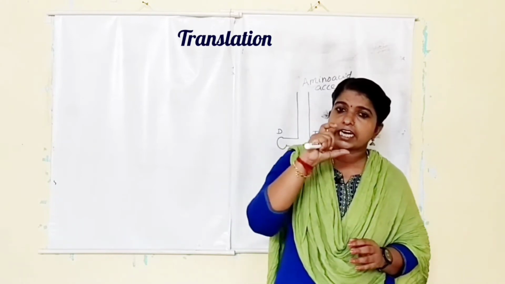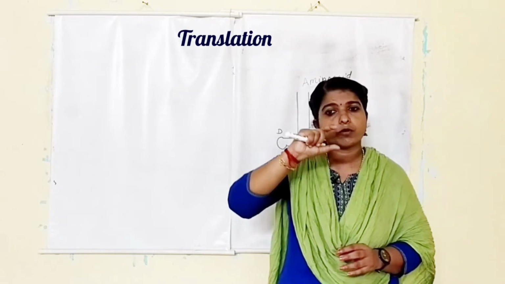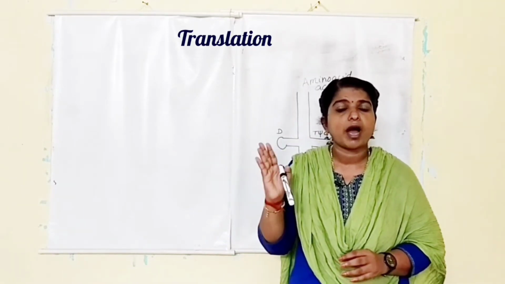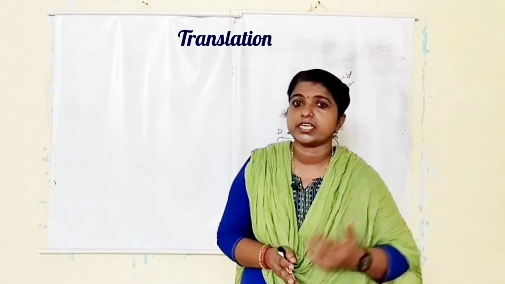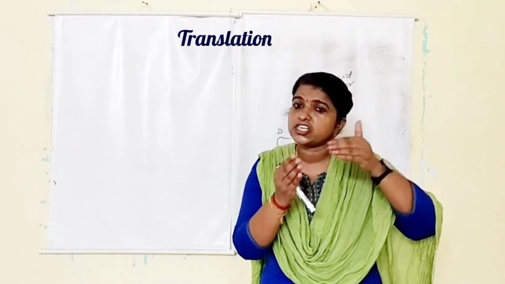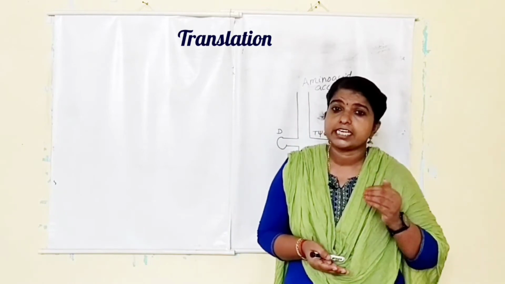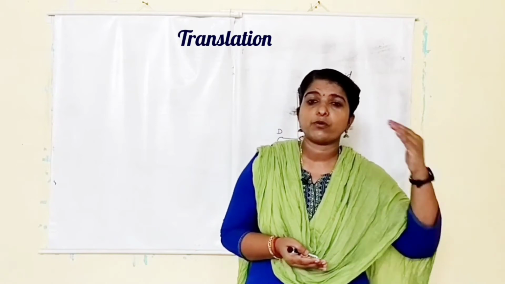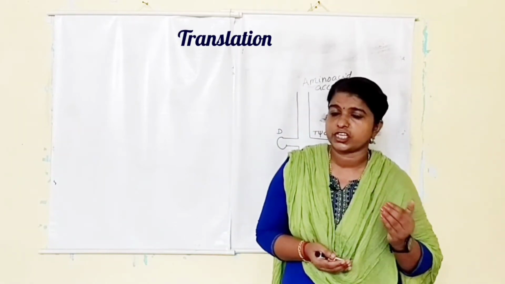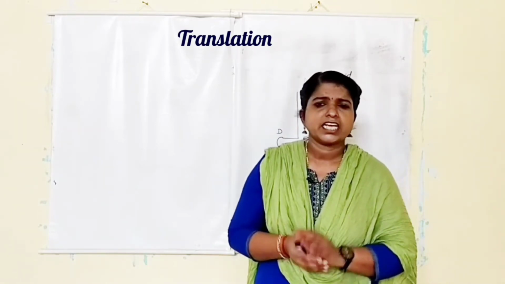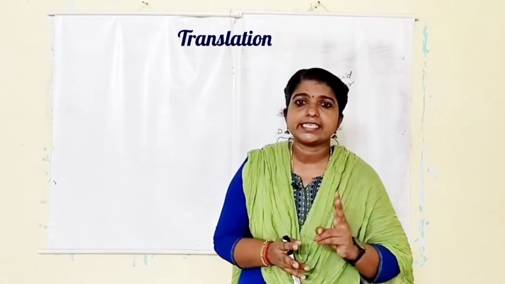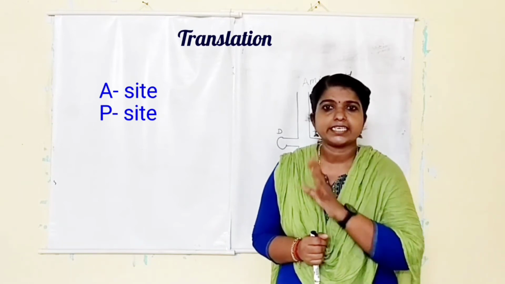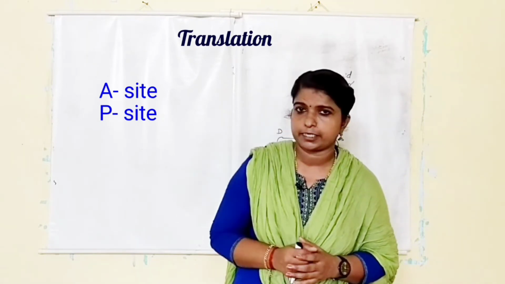After that, the ribosome moves from codon to codon. And at that time, new amino acids will be added because the specific tRNAs are there. These tRNAs read the codon and the corresponding amino acid will be brought. Okay, and there are 2 sites in the large subunit of the ribosome. One A site and one P site.